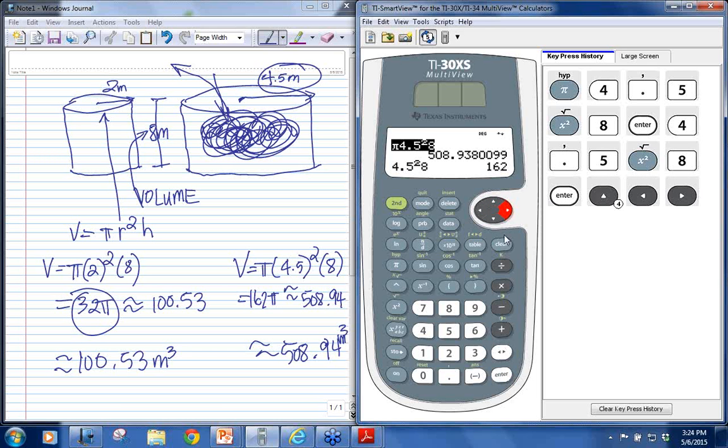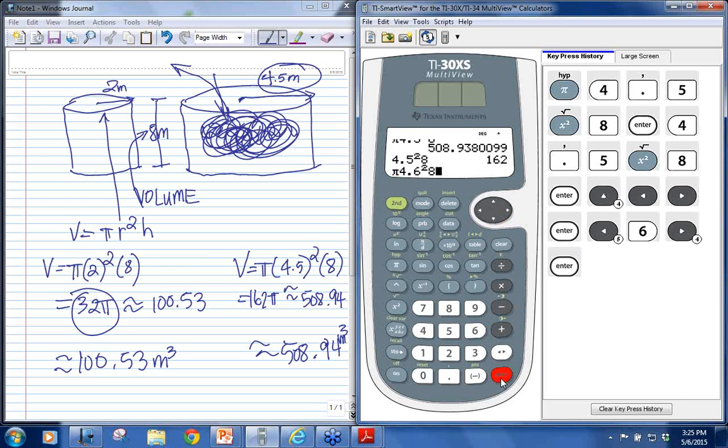Now that I press enter, I can edit whatever is here. I'm just scrolling through, and I'm going to replace that 5 with a 6. I can enter right here, but just to be sure, I'm going to exit out of that and then press enter.